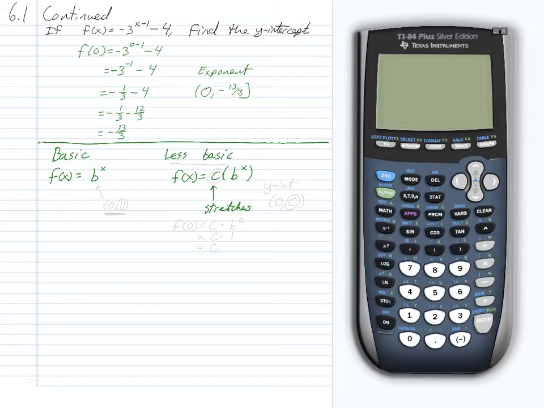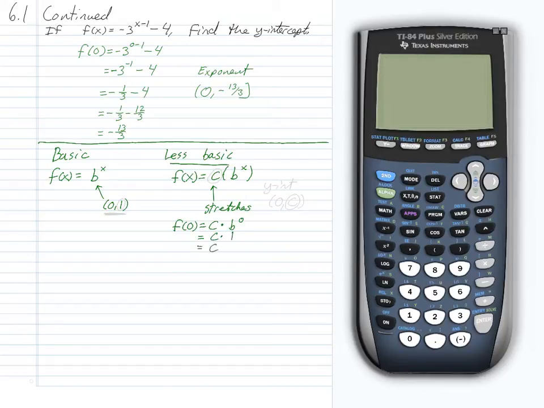Alright, so let's take a look at a working backwards type of problem. So this function will have a y-intercept at 0, 1. That's always true. If we plug 0 in, no matter what the base, the result will give us 1. What's going on with f of x over here, the less basic version of the exponential? Well, its y-intercept will be at f of 0. In other words, if we plug 0 in, we would get c times b to the 0, and b to the 0 is 1.